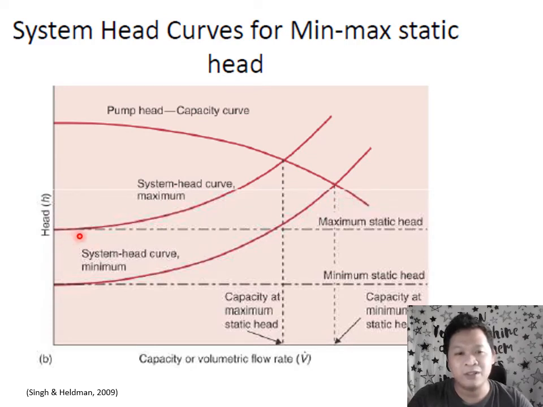So therefore, hindi ito constant throughout the pumping process. Okay, there are cases wherein the system head curve would increase as the pumping process continues, no? So ito yung tinatawag nating shift in the curve, as you can see.